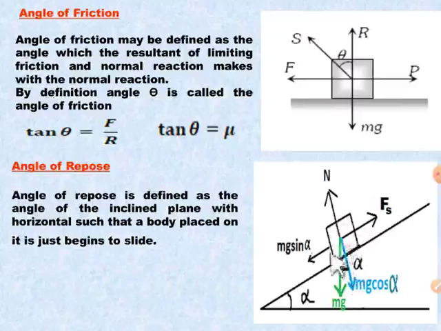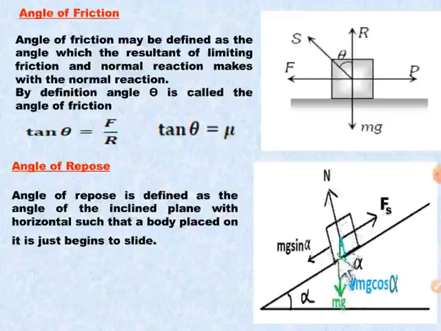As we did in the previous slide, your body tends to move downward, so the frictional force, or static friction or limiting friction, acts opposite to the motion, upward like this. The normal reaction is perpendicular to the inclined plane. These are the three forces: weight, frictional force, and normal reaction.